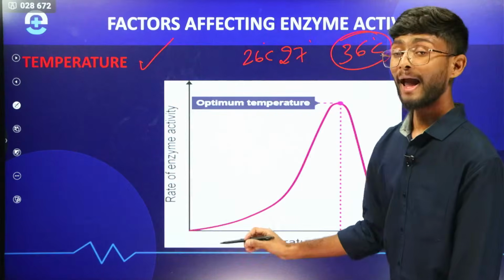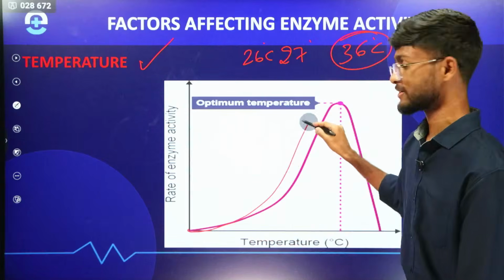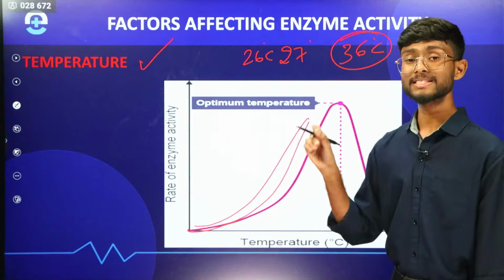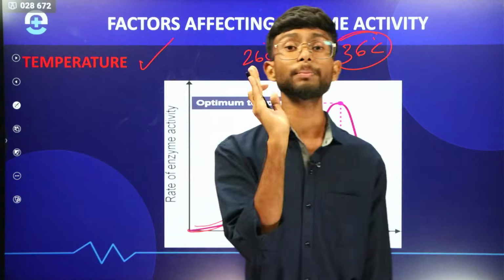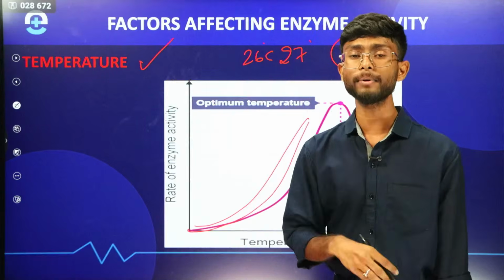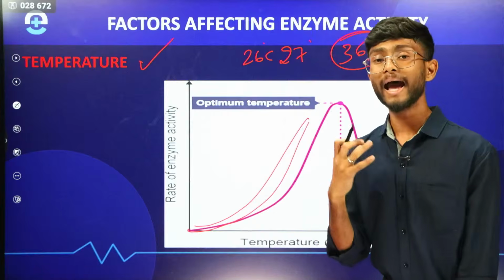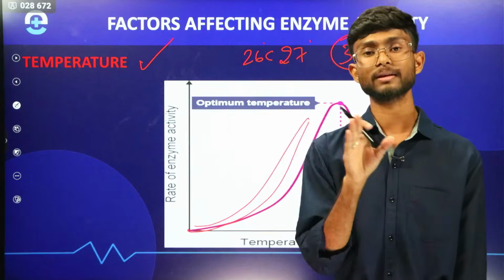So when the temperature increases, the enzyme activity also increases up to a particular temperature. For example, our body temperature is 36 degrees Celsius, and the enzymes present in our body should be in this condition.